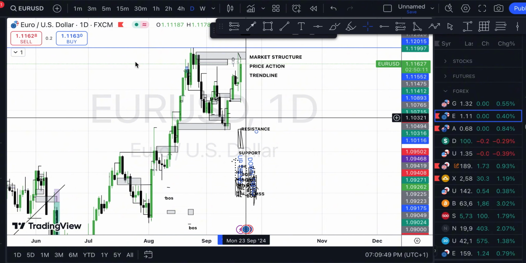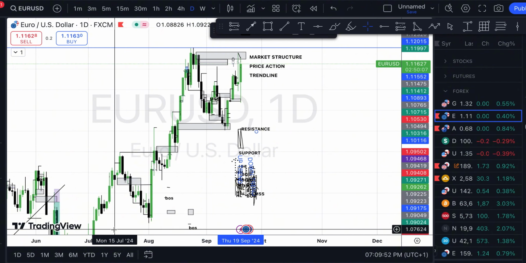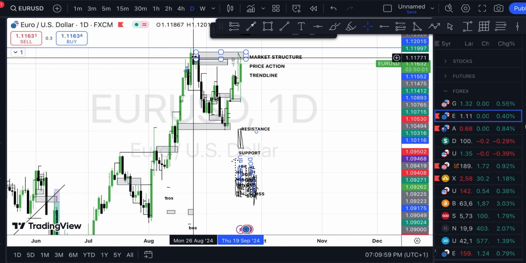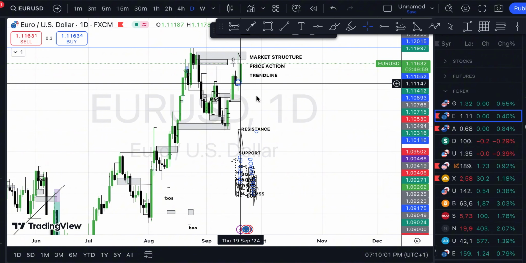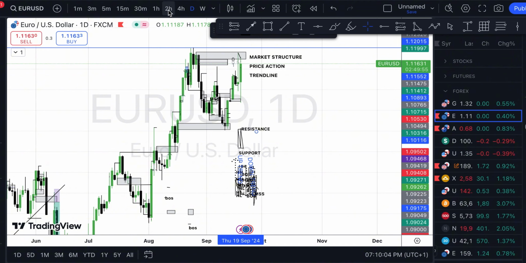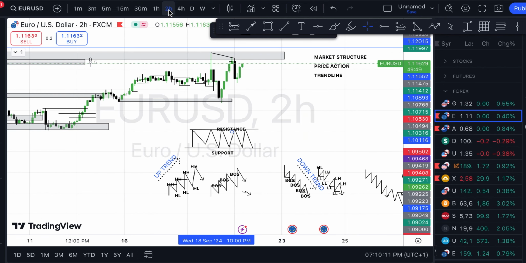So let's say we are on the daily time frame. We are supposed to be looking at the trend from the daily time frame, so we can know the trend of that day. Like I said, as a trader, we need to trade with the trend.